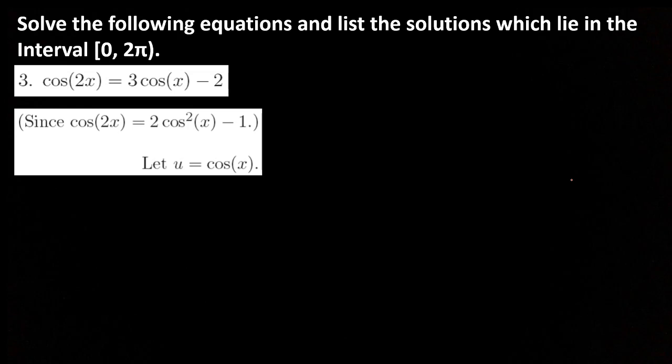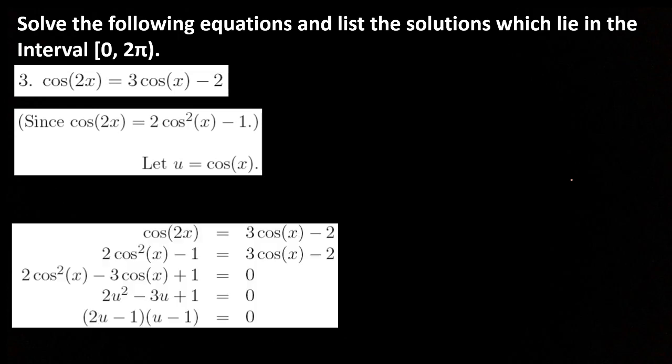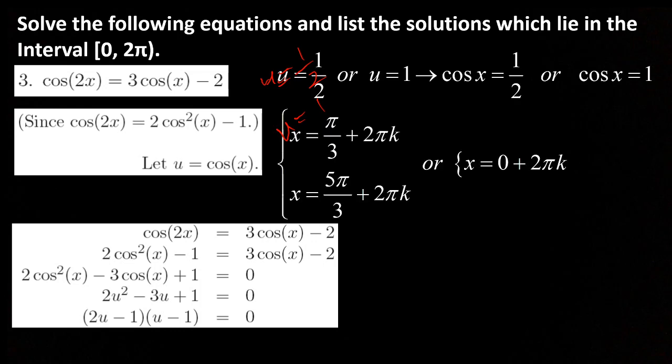So instead of cosine 2x, we can write 2 cosine squared minus 1, and then just like the previous problem, we're going to get a quadratic polynomial and solve it. So either u is 1 or u is 1/2. Either cosine is 1/2 or cosine is 1.